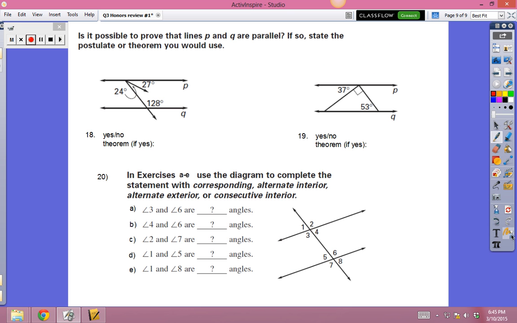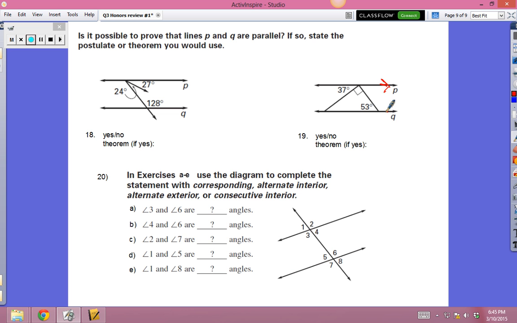Okay, P and Q over here. We got this guy right here, 53. And we've got these two right here. So same thing, they're consecutive interior. If these add up and give you 180, so the 53 plus the 37 plus the 90, and the 53 and 37 is 90 and 90 and 90, so this one's yes.